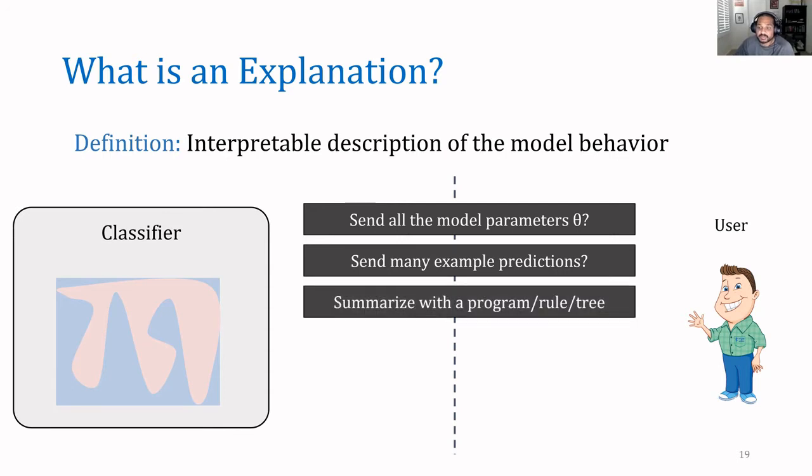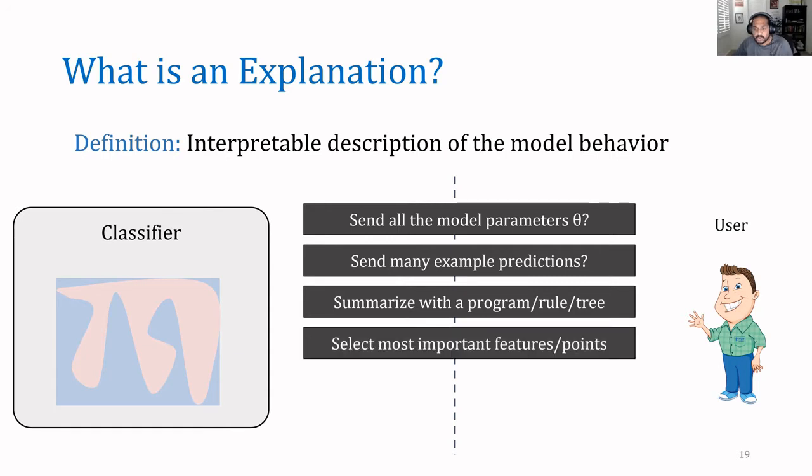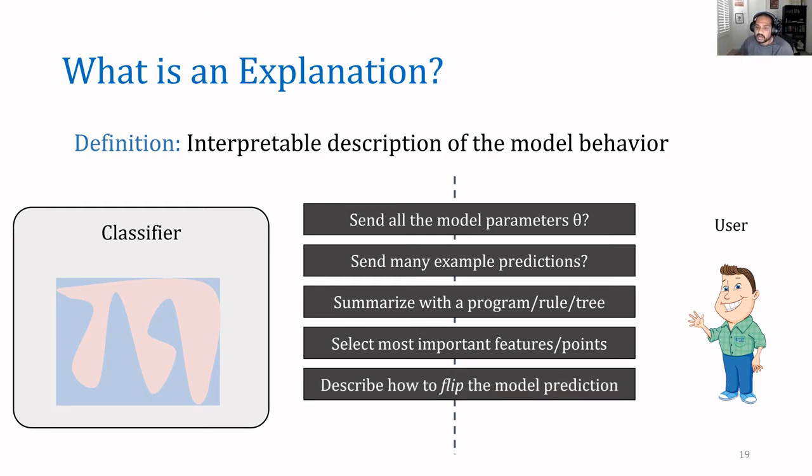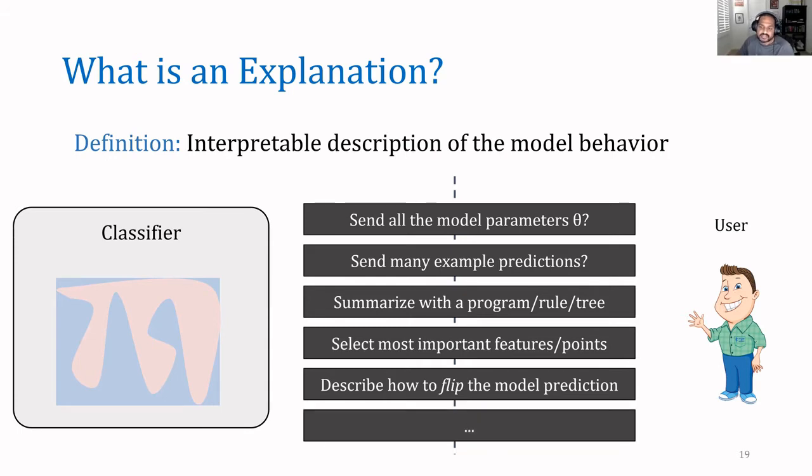So for example, we can summarize it with a short program or a simple rule or a decision tree, like a flow chart, right? That would be an explanation because a user might be able to understand that much more easily than the other options. Or selecting most important features, or selecting most important points, or even describing how to flip the model prediction for any instance, right? And so on. So all of these other visualizations end up being candidates for what an explanation might look like.